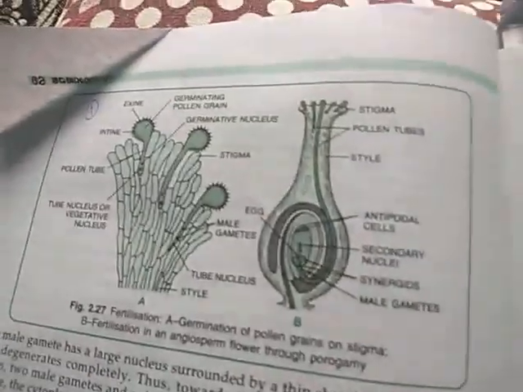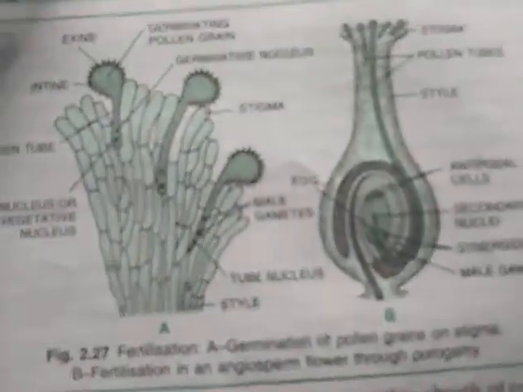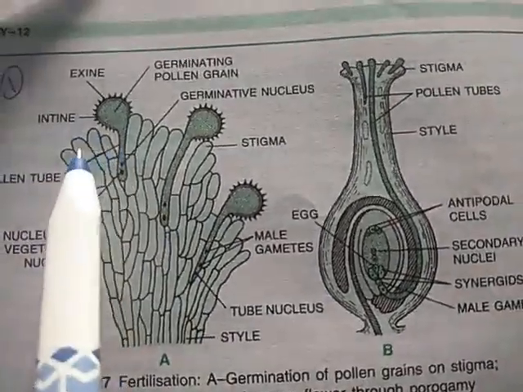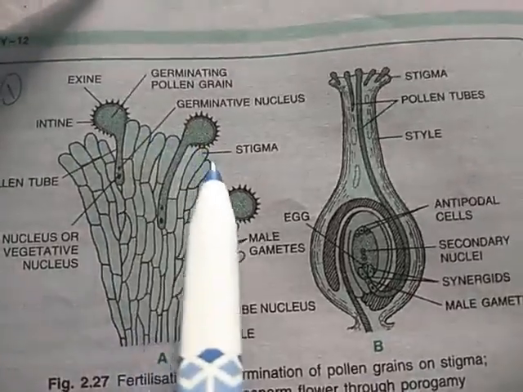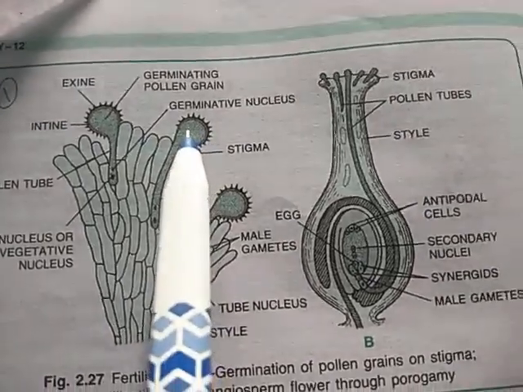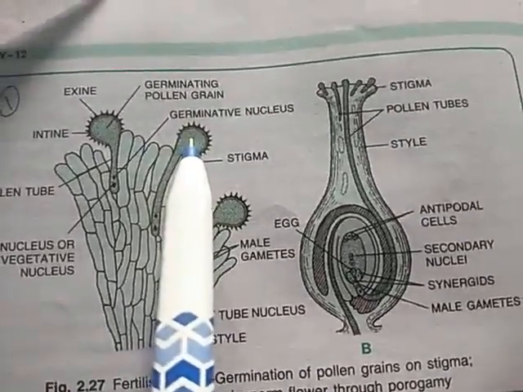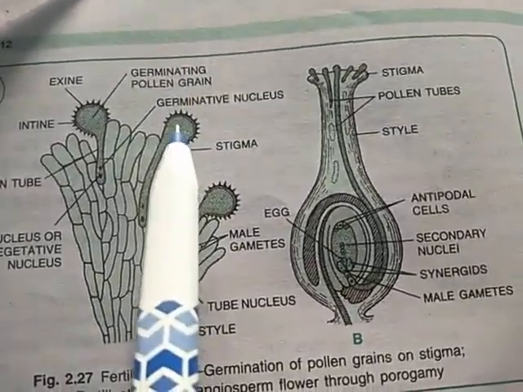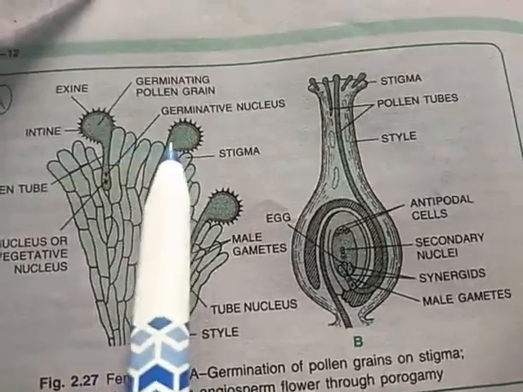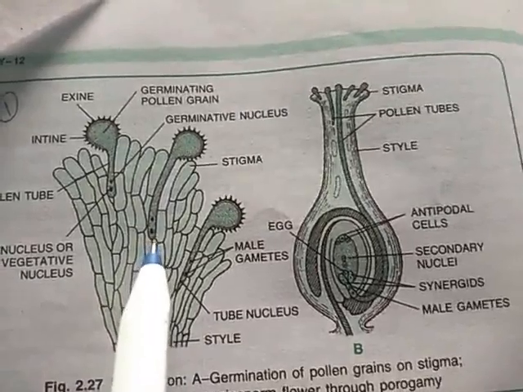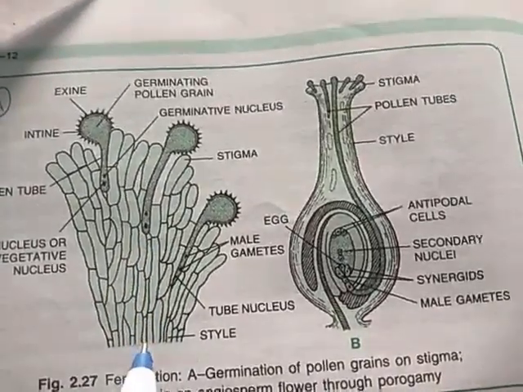Now, if you see in this picture, this is the topmost floor of stigma. Now, when the stigma receives pollen grains, these pollen grains will absorb moisture from the stigma and start forming the pollen tube. This pollen tube will reach till the style.